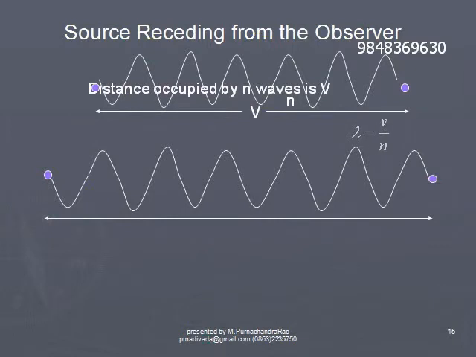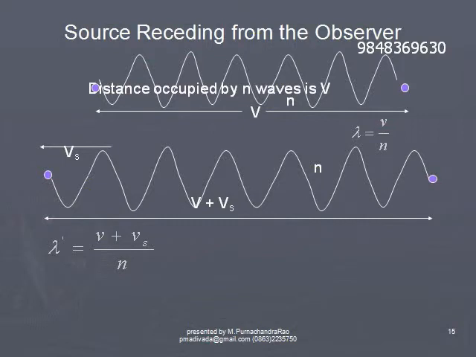Suppose the source is at the left and it is emitting the frequency n and moving to the left with a speed Vs, and the observer is at the right at a distance V from the source originally. Then the wavelength lambda is V by n. After 1 second, the distance between the source and the observer becomes V plus Vs. It increases.